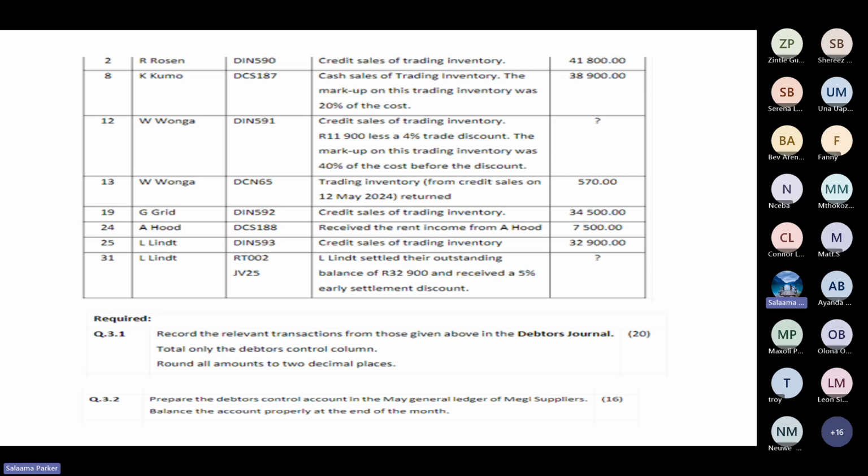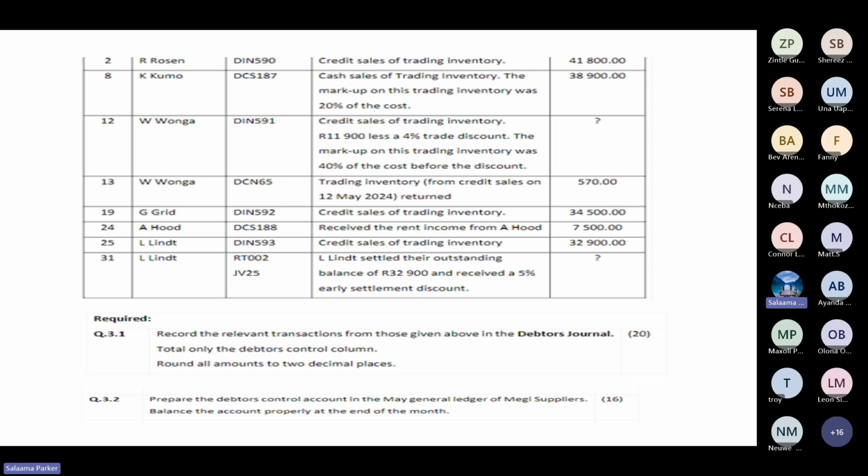Okay, so they only wanted the students to do the debtors journal, even though they gave them the transactions that affected the cash book receipts also. Please do remember that they will give you many different transactions, but you must be able to identify which specific transactions you need to record in the debtors journal for this specific question.